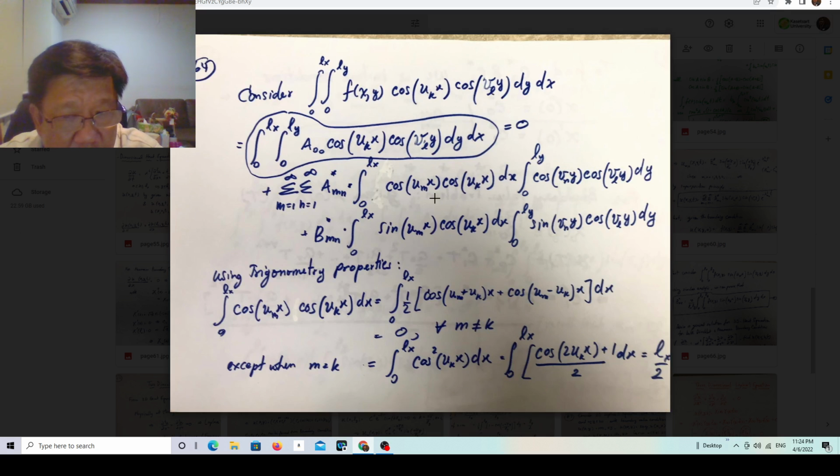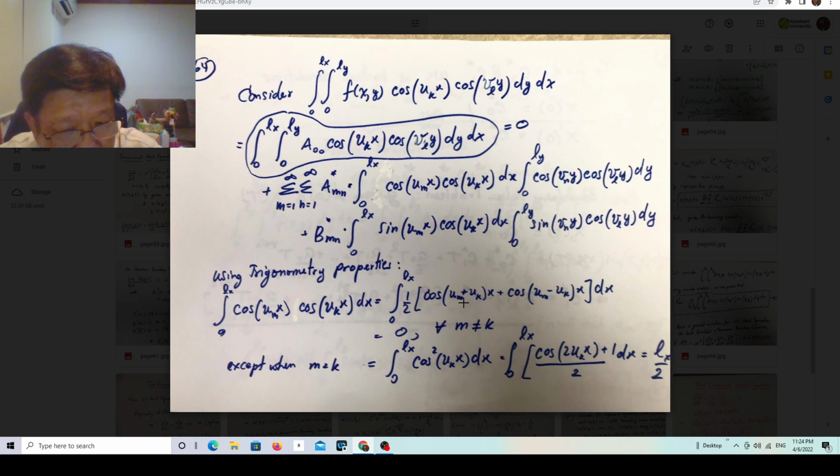But this one becomes cos and cos and sine cos. Certainly you can use a similar trigonometry analysis over here, cos mu, this is a half of cos sum plus cos minus. In only one case is that when m is not equal to k, and this evaluation where if m is not equal to k, is always 0.